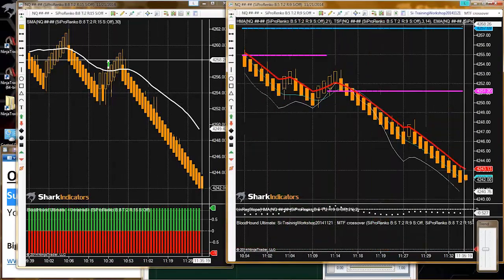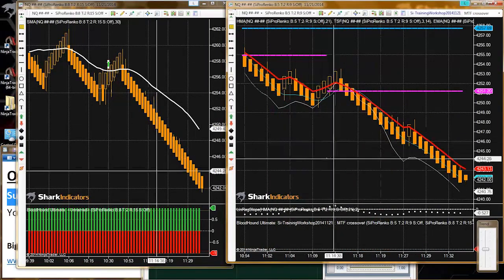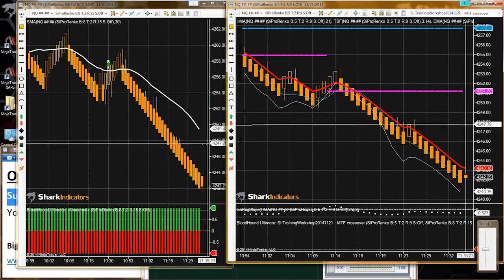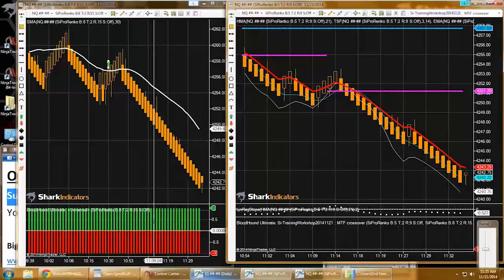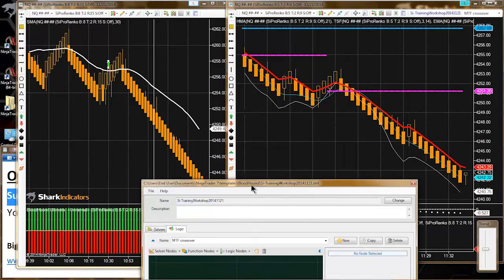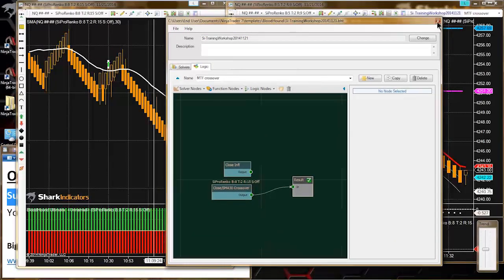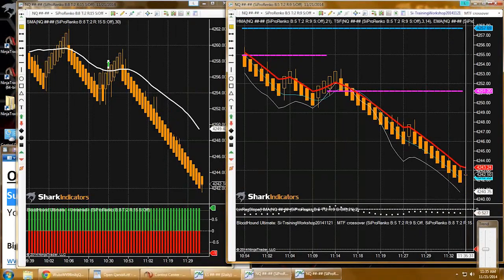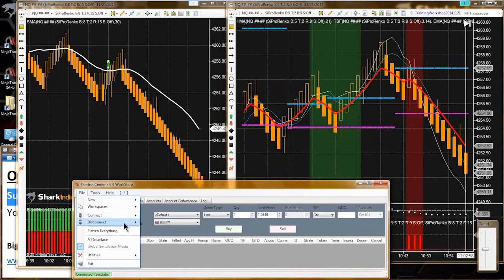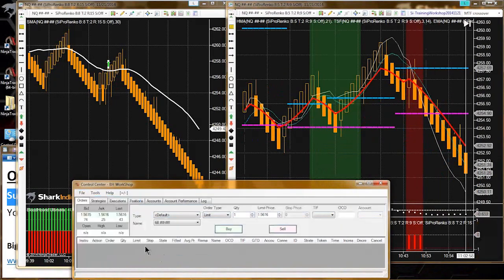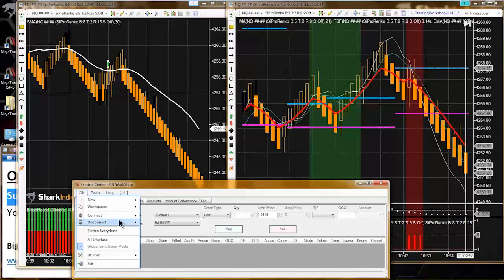And let's see. I think the next step is to connect to our simulated data feed. Oh, I was on simulated data feed. Yeah.